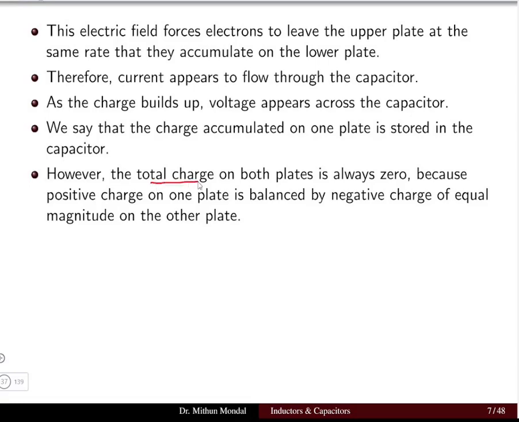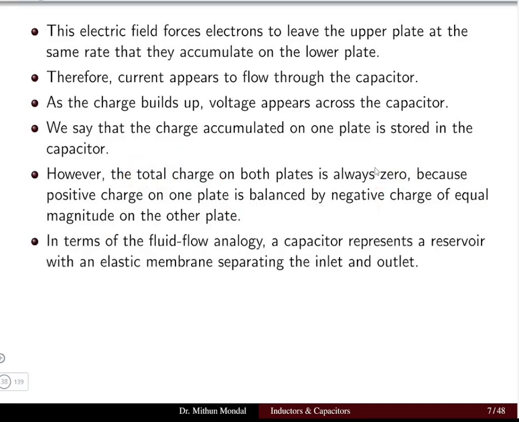However, the total charge on both plates is always zero, because positive charge on one plate is balanced by negative charge of equal magnitude on the other plate. So the two plates, 1 and 2, have opposite charges, one negative and one positive, and the total comes to zero.